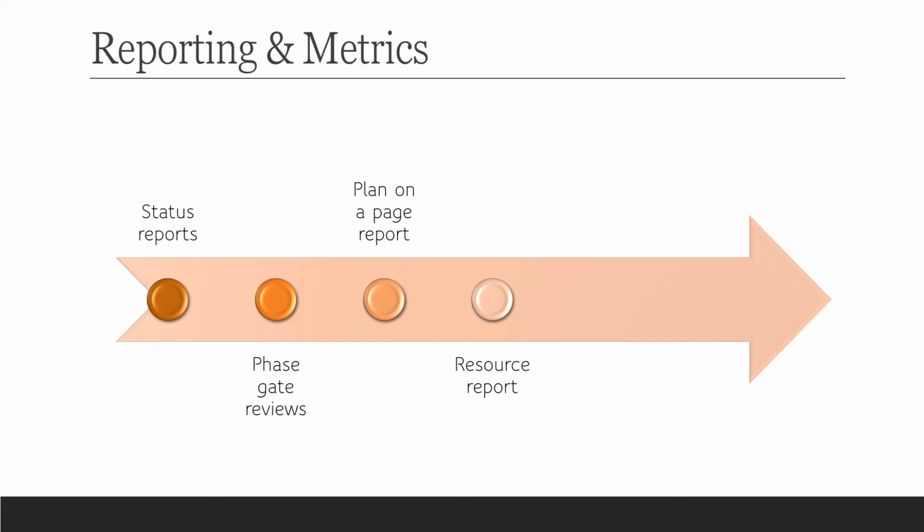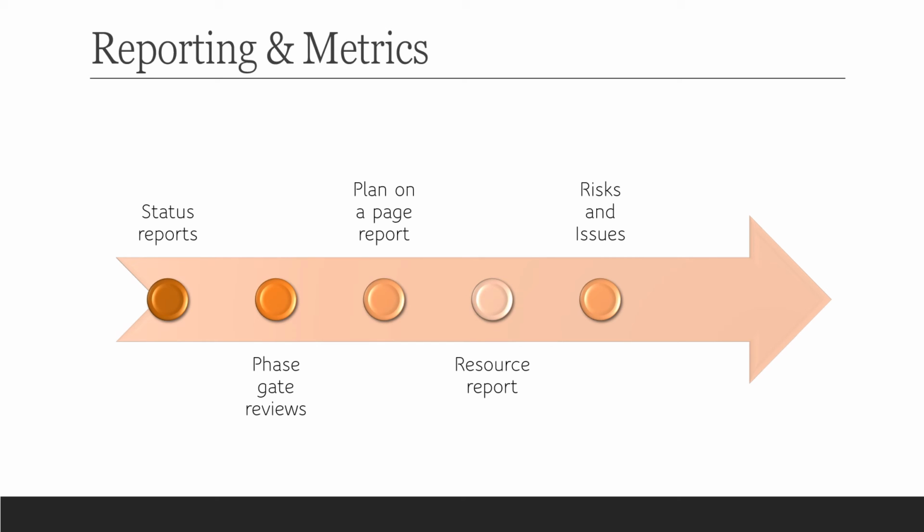We also have something called a resource report, which would detail all the resources being used for that particular project or program. So people's time, materials that are being used, software being acquired, anything that's basically being bought would be detailed in this resource report.